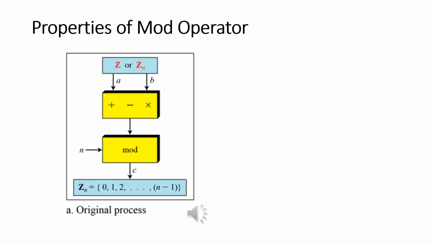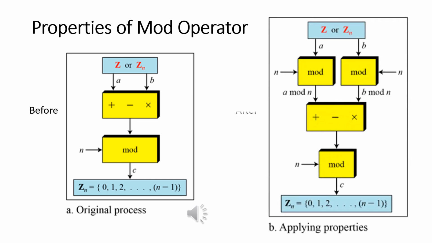This is the process before applying the properties, and this is after. As you can see, the process is longer when we apply the properties. We should remember that in cryptography we are dealing with very large integers. Applying the properties makes the first two operands smaller before the multiplication operation is applied.